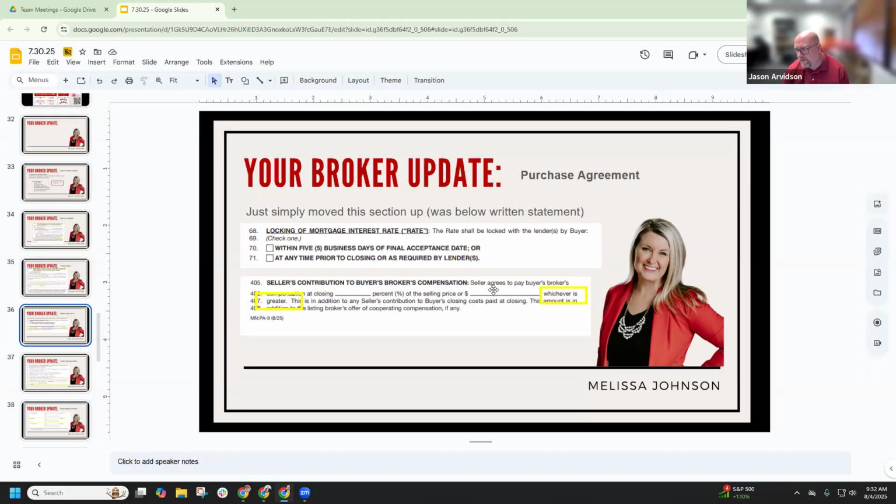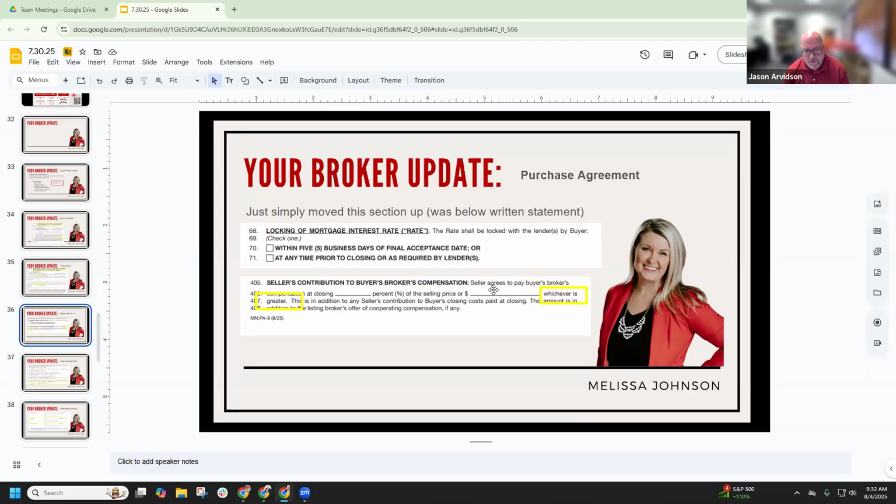And the reason we feel strongly about that is that we don't know what the buyer and the buyer's representative have negotiated between the two of them for compensation. And as a result, telling them what we're willing to pay is setting ourselves up for potentially paying more.